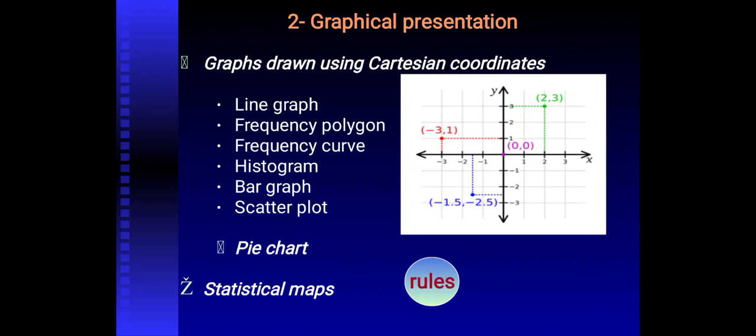There are so many types of graphs: line graph, frequency polygon, frequency curve, histogram, bar graph, scatter diagram, pie chart, then cartogram. Like that, so many graphical presentations are available. According to the data and also the investigator, the type of graph is selected.